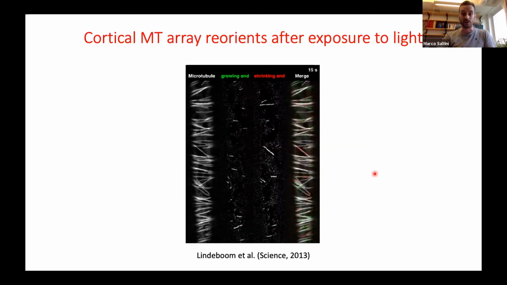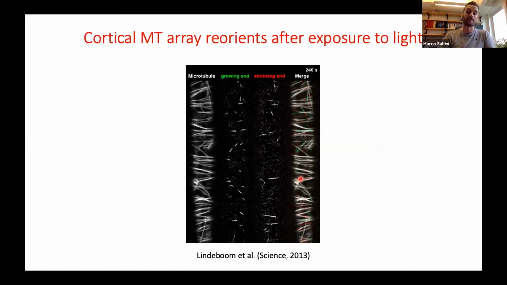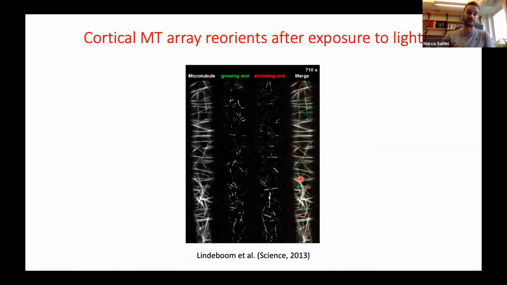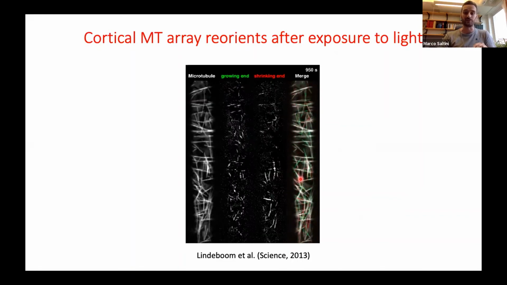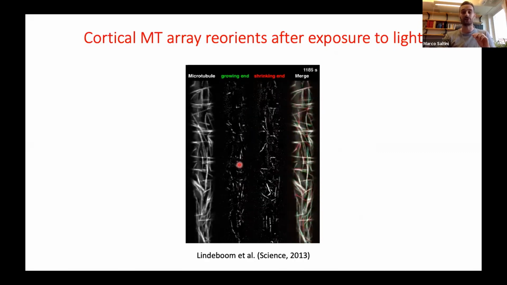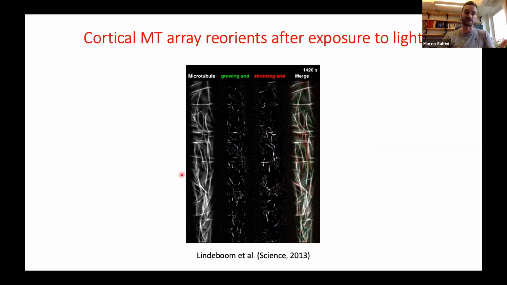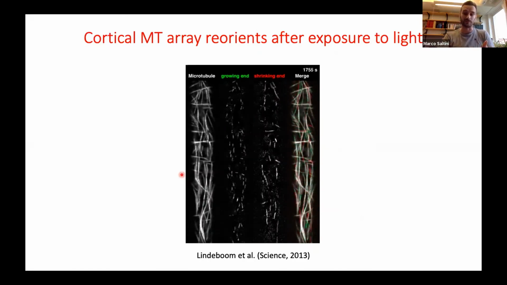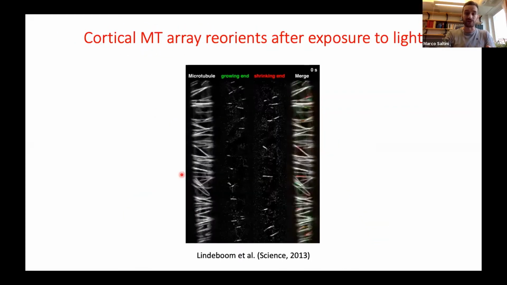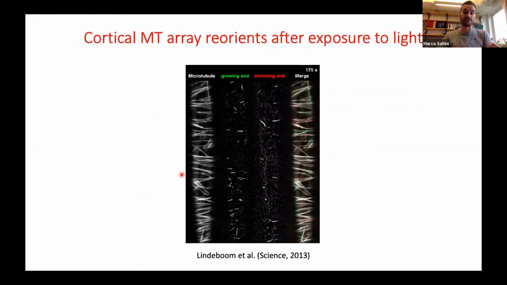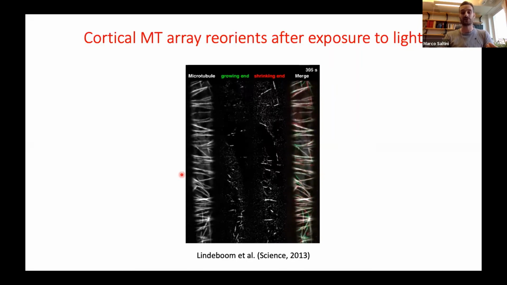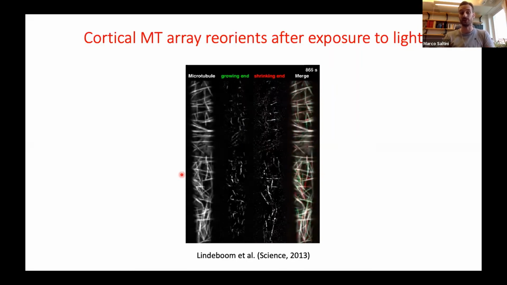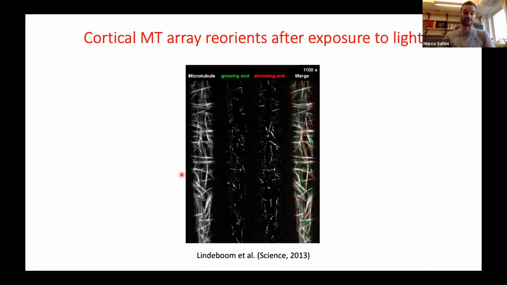Here we can see the image of the cortical array of dark-grown hypocotyl cells of Arabidopsis thaliana. What we can observe is that, starting from an initial orientation of the microtubule array, which is transverse with respect to the growth direction of the cell, we have a sudden reorientation of this array from a transverse direction to a direction which is longitudinal to the growth direction of the cell.